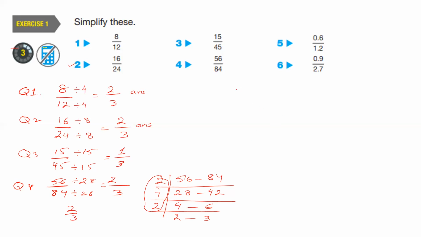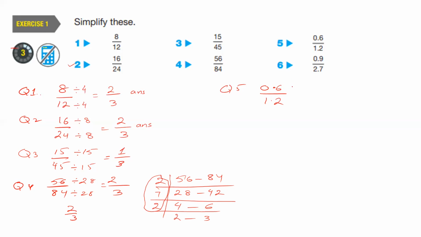Now if we look at question number 5, this is 0.6 upon 1.2. This is a decimal, and if we multiply both numerator and denominator by the same number, the fraction remains the same.